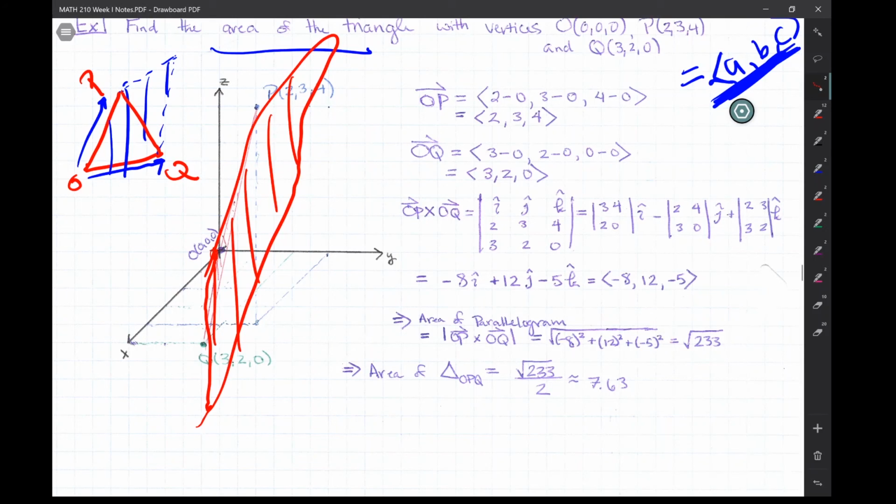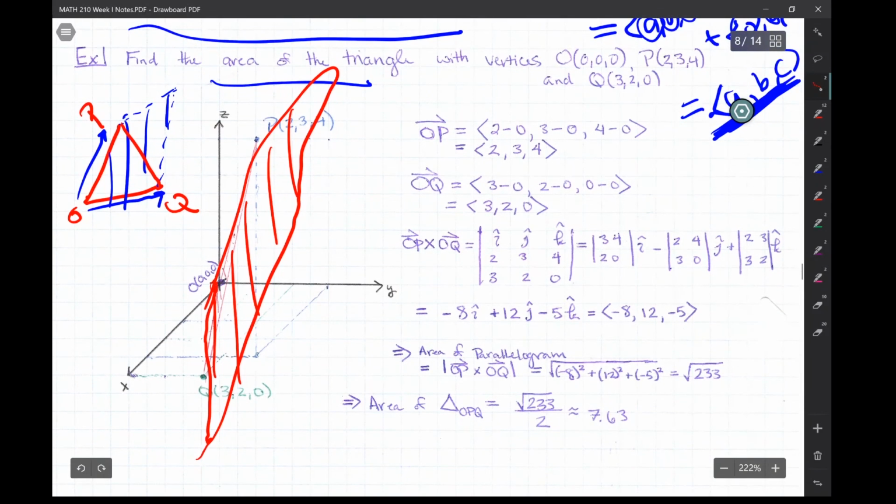That's the area of the parallelogram that OP and OQ would make, but that's not what we're after. What we're after is the area of the triangle, so that's going to be half of that area. So we're left with this red part, and so we take that and divide it by 2, and we are done.